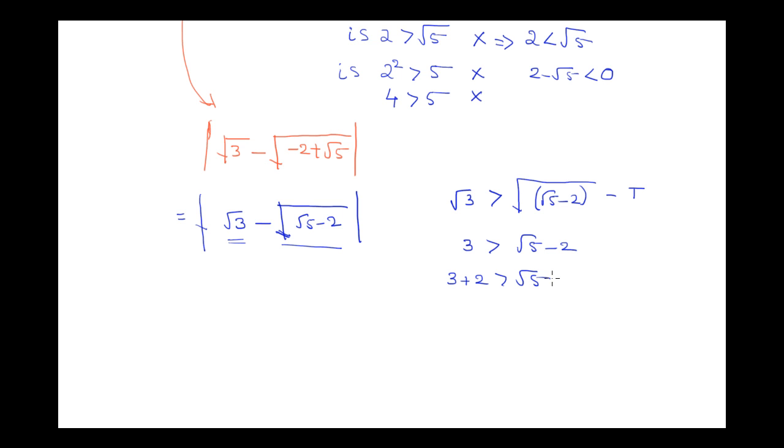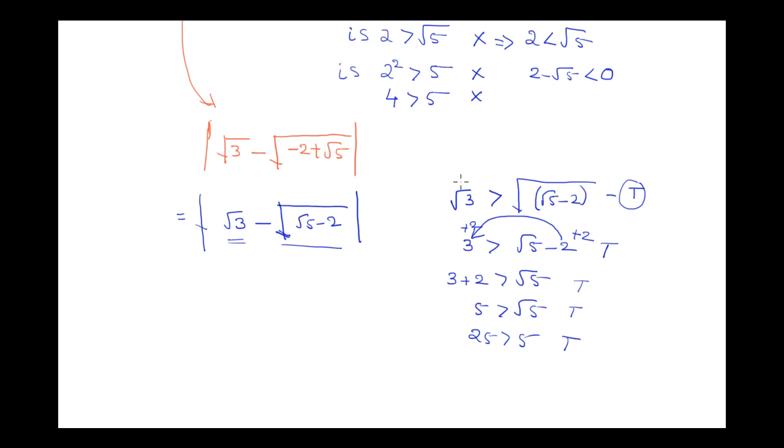When you add 2, this and this get cancelled, remaining root 5, and on the other side you get 5. So 5 greater than root 5. On squaring again, you get 25 greater than 5, which is true. Which means that the initial statement is true.